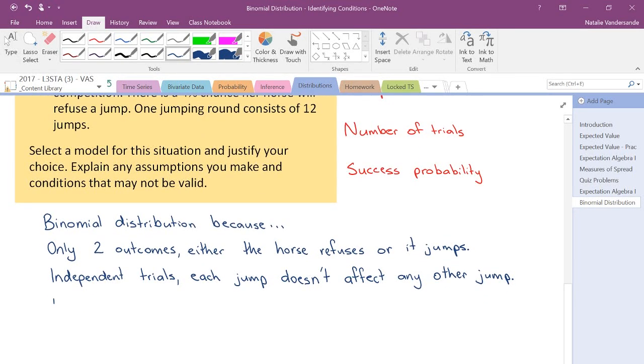A fixed number of trials. 12 jumps in the round, and a constant probability of success.